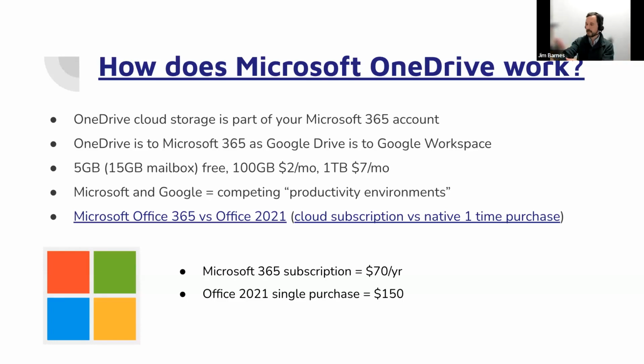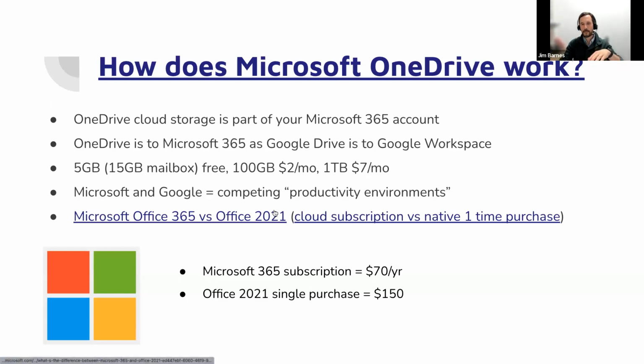Well, then the company doesn't get any revenue. So they offer Microsoft Office 365 as a subscription. So then you subscribe to that instead of using Microsoft Office 2021. So it's a little confusing, all the different names for things.